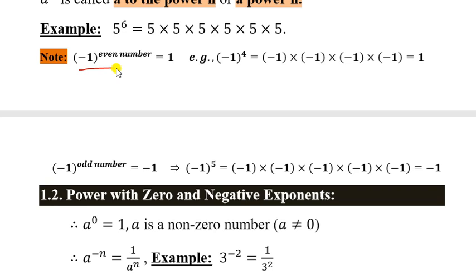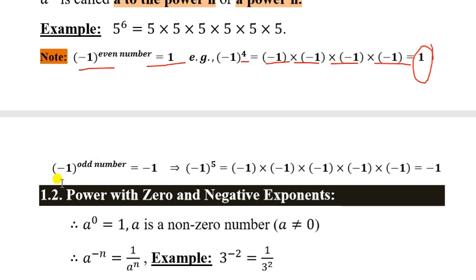When minus 1 to the power of an even number, then the result is always 1. Why 1? For example, minus 1 to the power 4. You know 4 is an even number. So how many times is minus 1 present? 4 times. Minus 1 into minus 1 into minus 1 into minus 1. If you multiply all the signs, you will get plus 1.